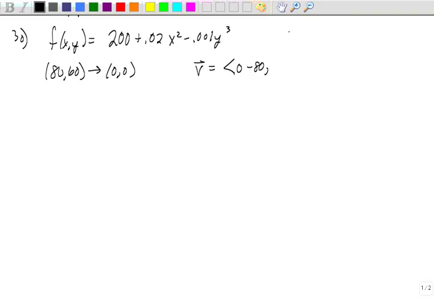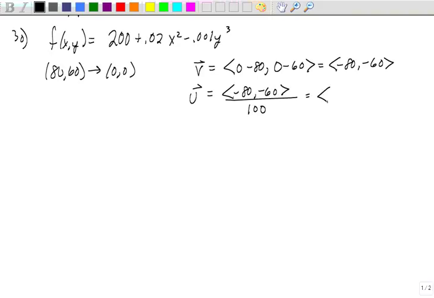Remember, you go tail minus the head. I make that into a unit vector by dividing by its length, which is 100, and that's (0.8, -0.6).